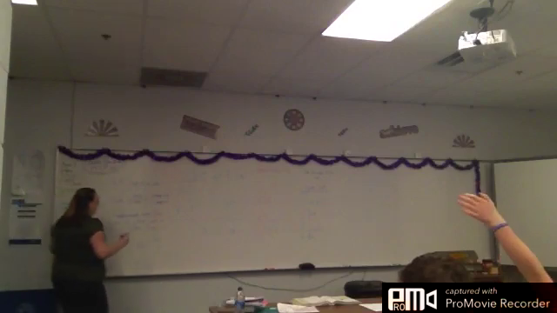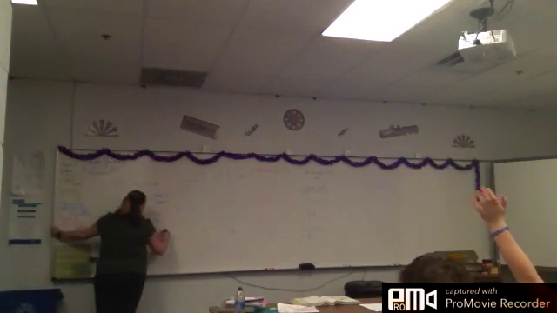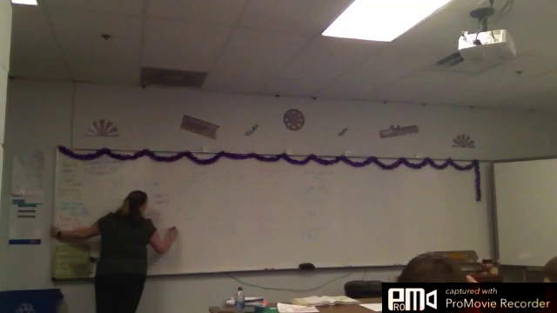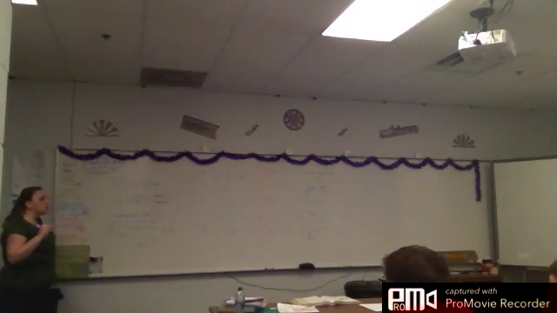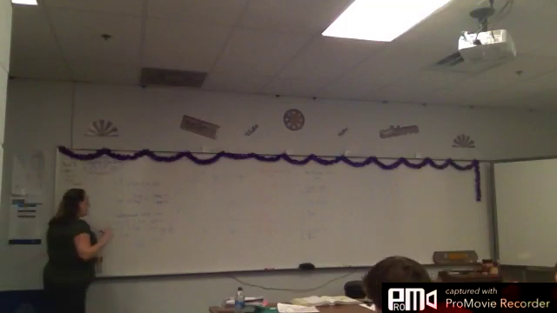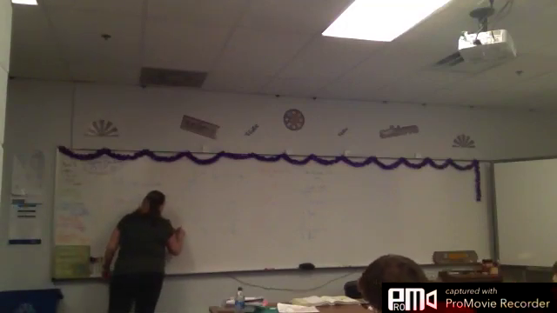Your slope equals what? Rise over run. 6 over 10. Now, what do you think I need to do with that fraction? Simplify it, which gives you 3 over 5. So my slope is 3 over 5.